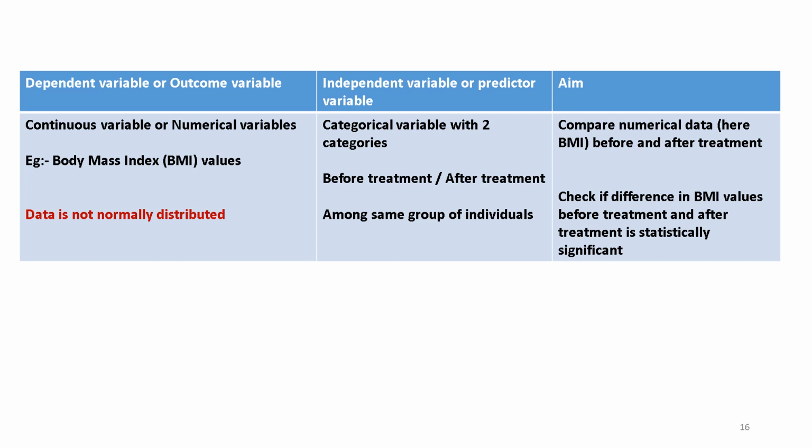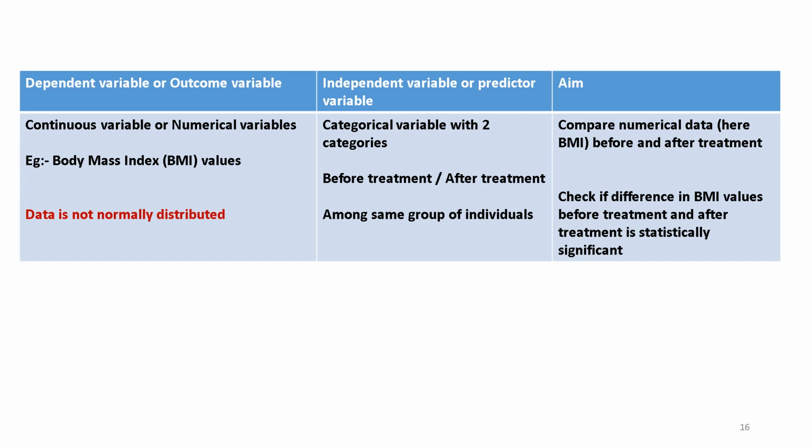So we are comparing body mass index values among a group of patients before treatment and body mass index values among the same group of patients after treatment. We are comparing if there is any difference, and the data is not normally distributed.